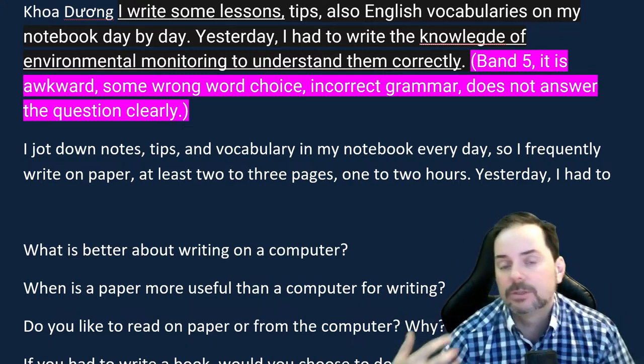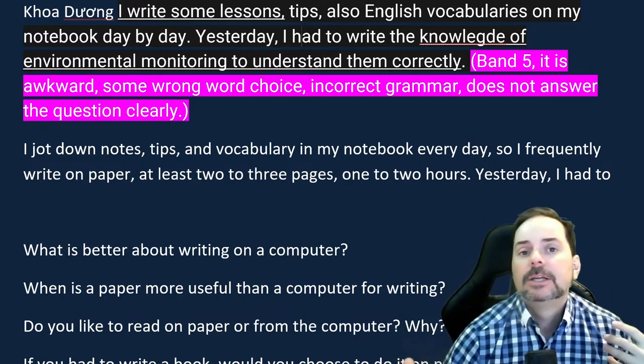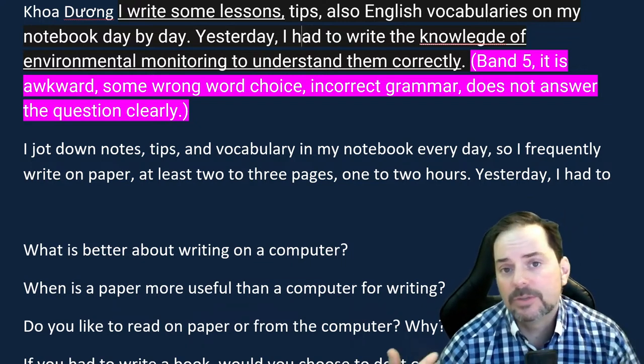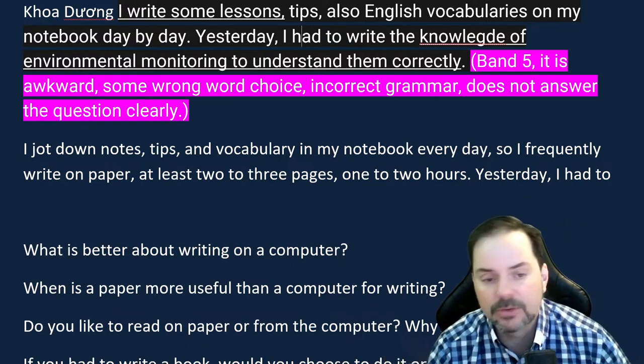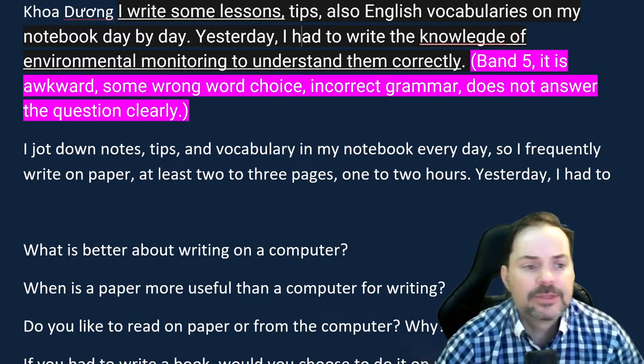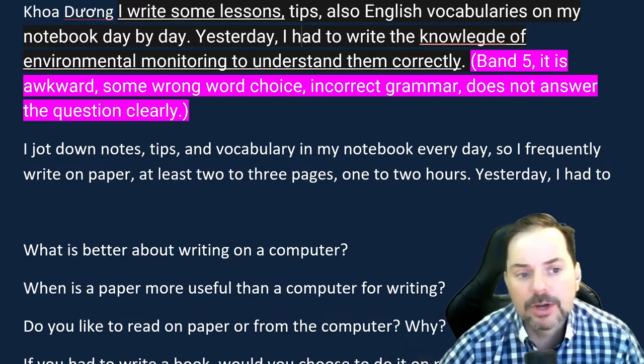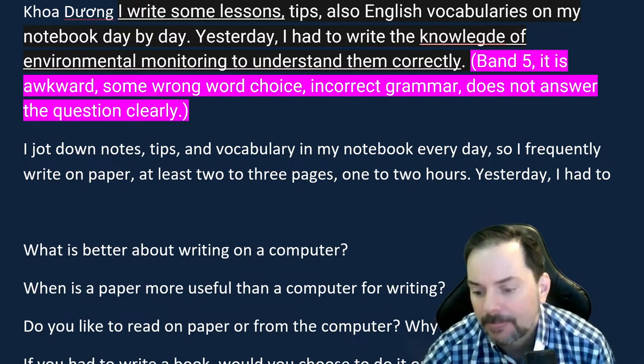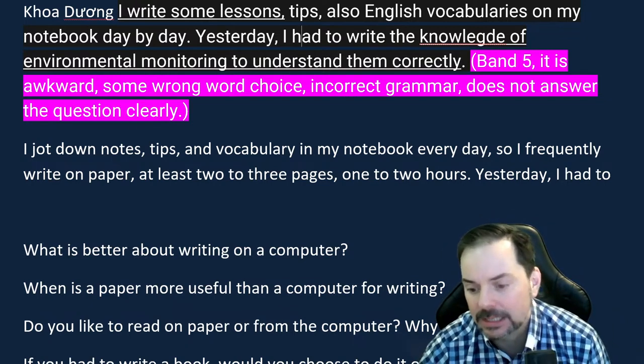And soon we're going to do some volunteer work and ask and answer questions. And I want to encourage you to do that with each other as well, not just me, okay? So I had to write the knowledge of environmental monitoring to understand them correctly. Can somebody write that clearly?